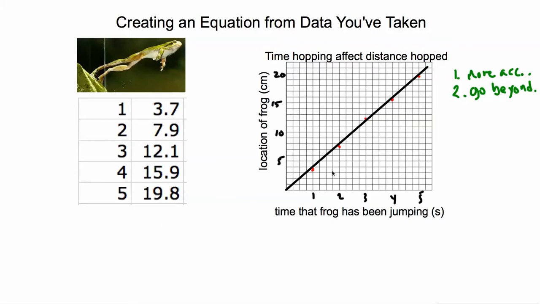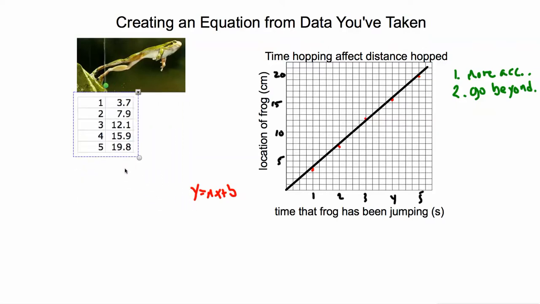All right, well, you've all taken math class before, so you have some ideas about doing this, I would guess. We want it to be of the form y equals mx plus b. All right, so in science class, we're going to prefer to use specialized symbols.